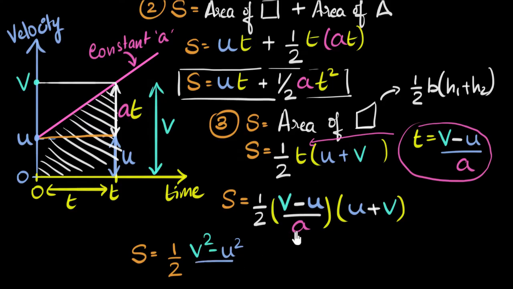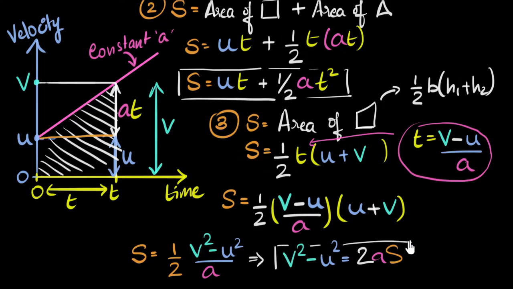And in the denominator, I just have an A. And again, if we do some algebra and rearrange this, we will now end up with V squared minus U squared equals 2as. And that is our equation number 3. As you can see, it is independent of time.